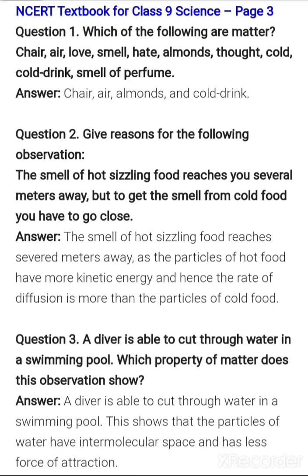That's why we get the smell of that food even several meters away. But with cold food, as the temperature is low, you will not get the smell easily because the particles will be moving slowly. So that is the answer for this one.